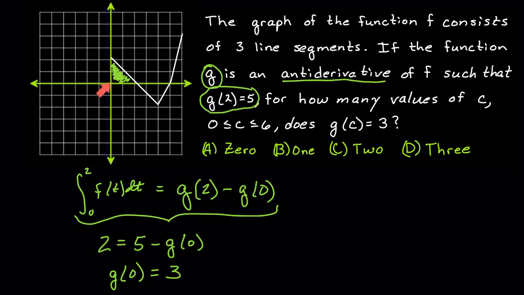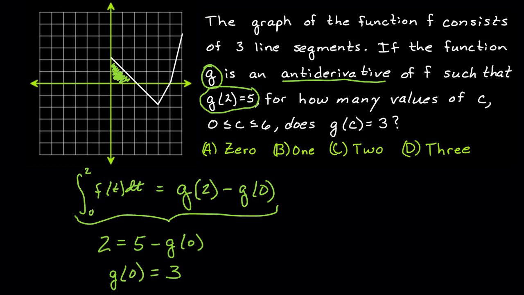If we're starting at 3, g is the antiderivative, which gives us the area. All right, so from here to here, that would be 3 plus this area. Well, 3 plus 2 is 5. That's what this is right here.